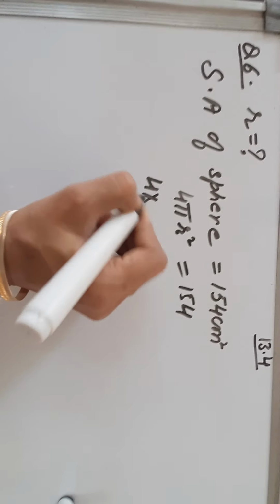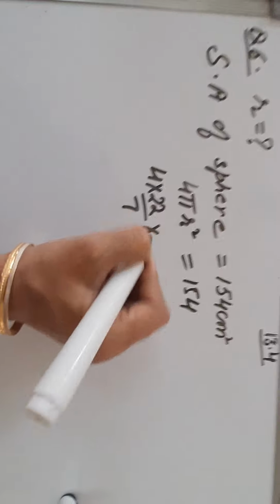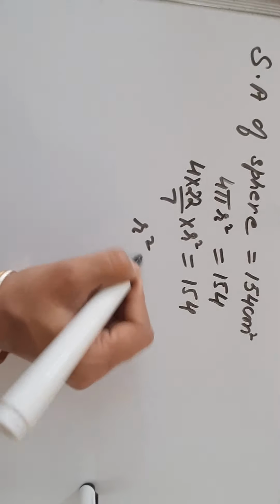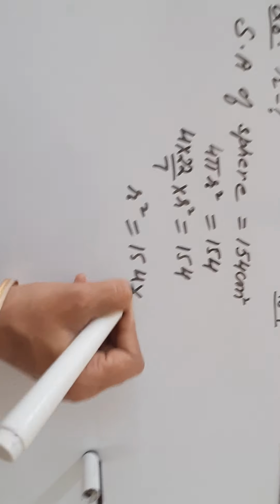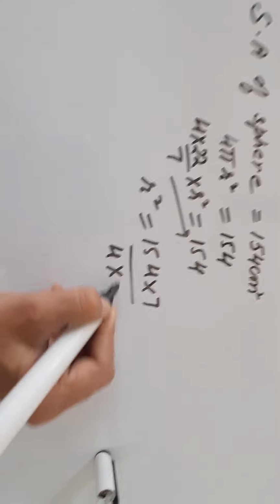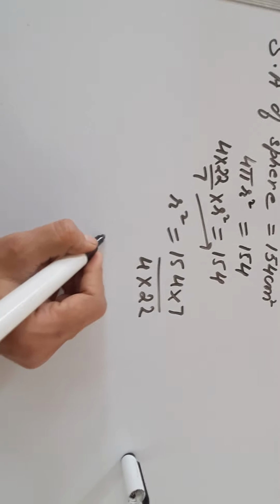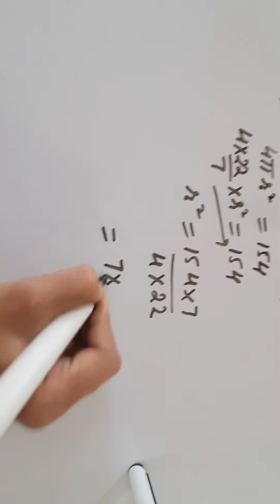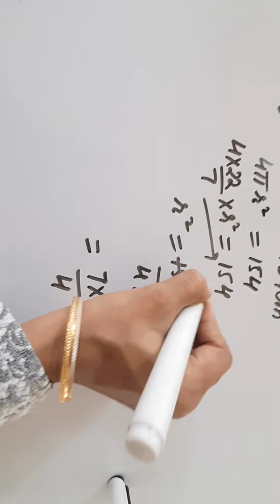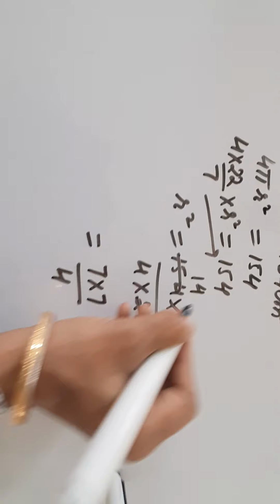So let us put the values and get the answer. 154, cross multiply the things. 154 multiplied by 7 upon 4 into 22. So when you solve it, you will see 7 by 7 by 4. 11 twos are 22, 14 sevens are 2, and 2 sevens are 14.